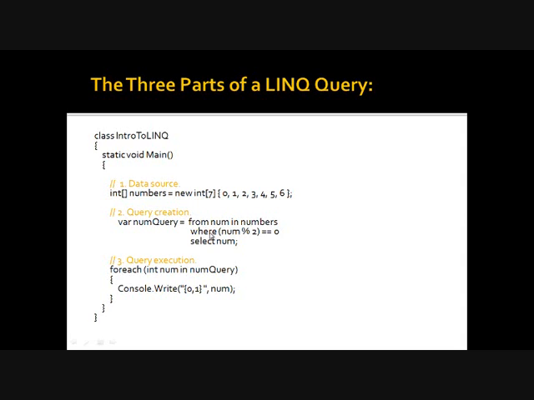The variable called num_query stores the definition of the query, and according to the where clause we are selecting even numbers. Here you can see the query execution part. As we said earlier, we use a foreach loop. The output of the loop will be printed to the command line.